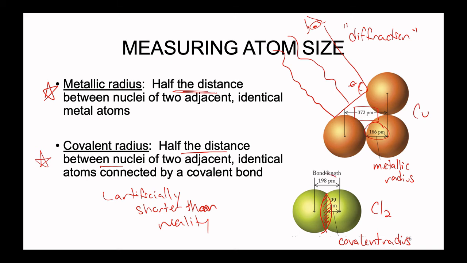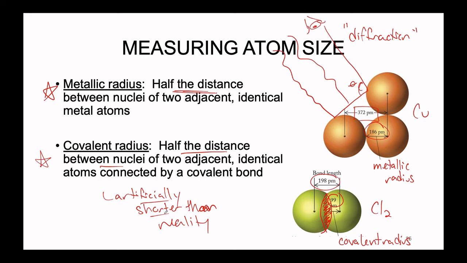Right, if the bond length that we can measure between two different chlorine atoms is equal to 198 picometers, this is a shorter distance than one would expect because we are getting overlap between our atoms here. So our estimate of the covalent radius of chlorine being equal to 99 picometers is artificially shorter than what the actual radius of a chlorine atom is.